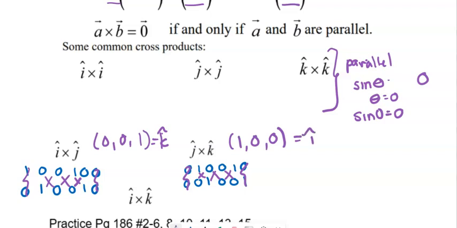This makes sense because, if you remember, i cross j is the k vector, my other axis, and j cross k is my i vector, or my i coordinate. So k cross i must equal the j vector.